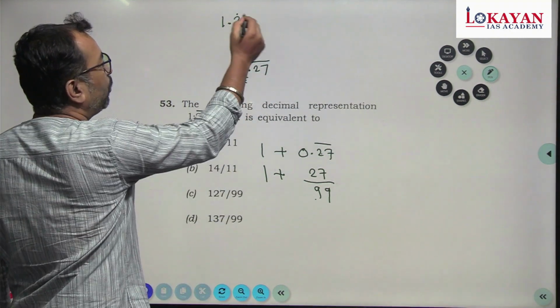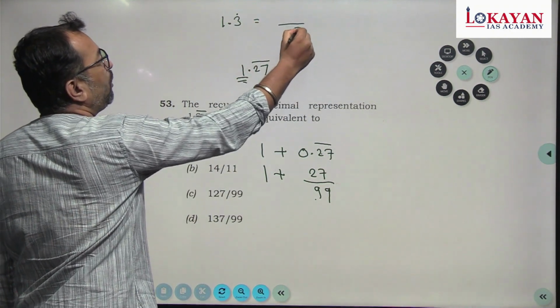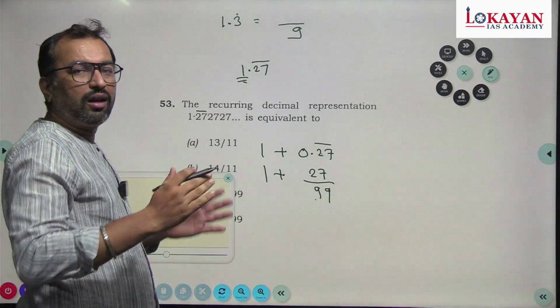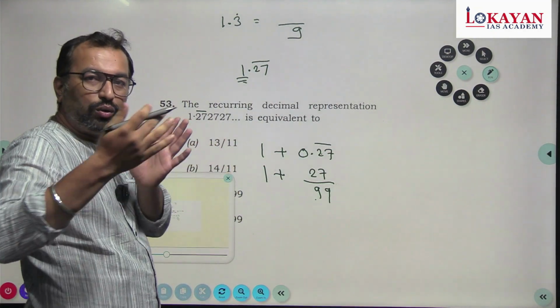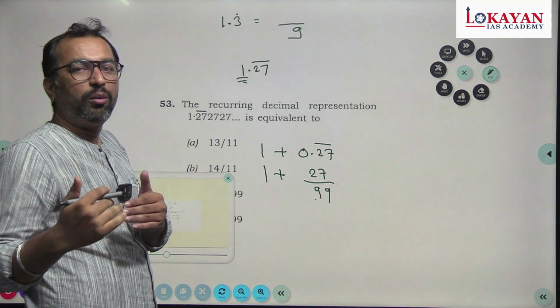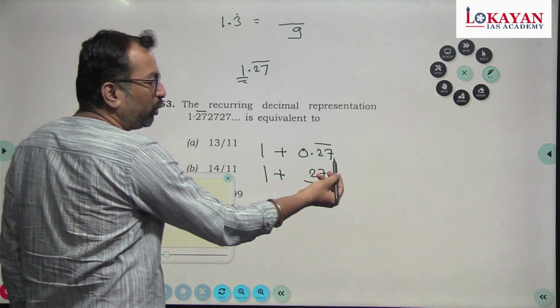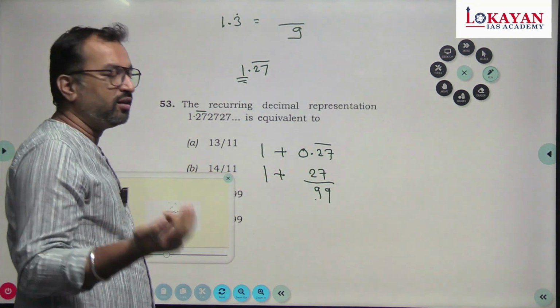If the recurring part is only 1 digit, then I write only one 9 in the denominator. If the recurring part consists of 3 digits, then I put 999 in the denominator. Here the recurring part consists of only 2 digits, so I put only 2 9s.